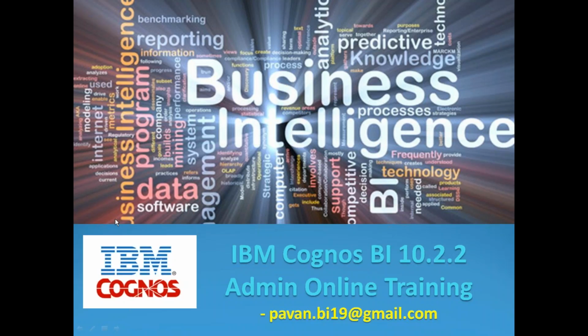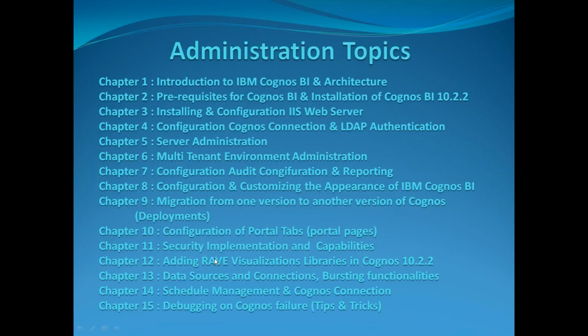You will also monitor the scheduled tasks, create data sources, manage and deploy deployment contains, and do IBM Cognos complete administration. In total we have 15 topics here which are required for an admin.